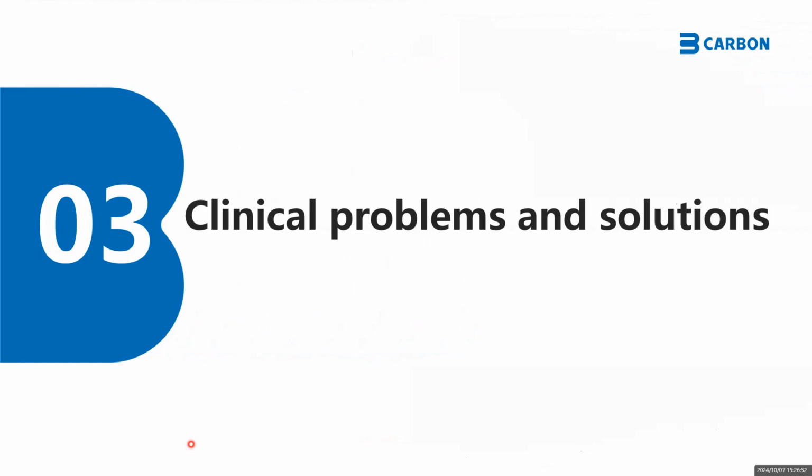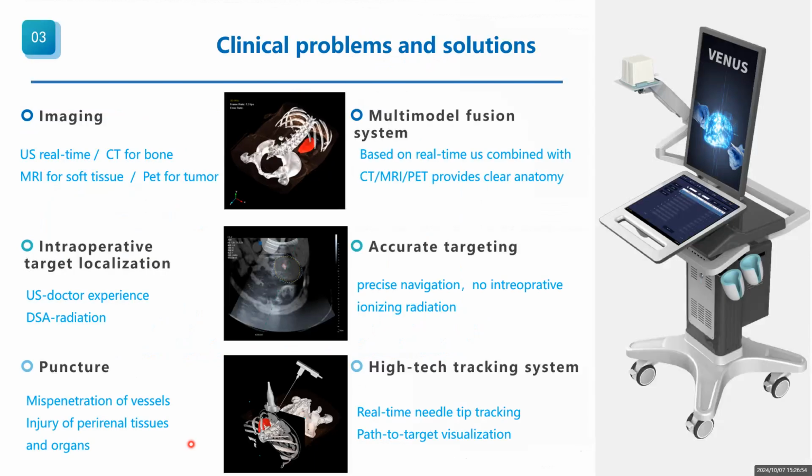And clinical problems and the solutions. In clinical practice, at first, different imaging modalities can give the doctor different information. Ultrasound is a real-time device, but the resolution is not very high.